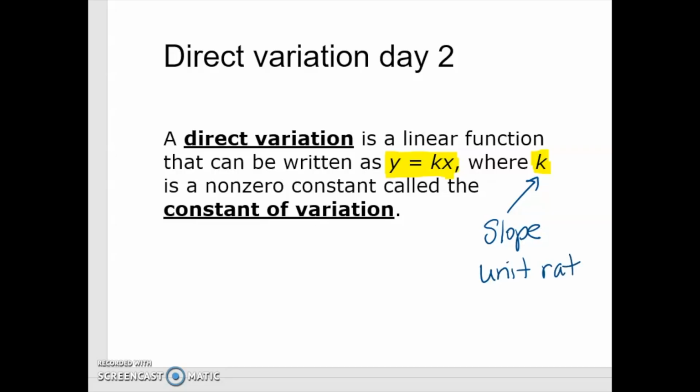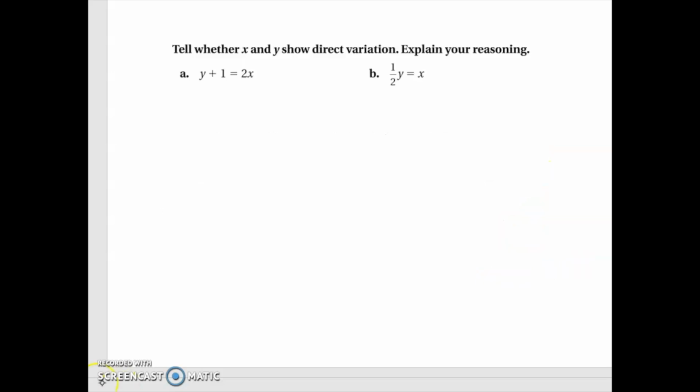So we're going to be looking at an equation, and we're going to be comparing it to the formula y equals kx. Okay, so we have a bunch of equations here. And again, we're going to be comparing these equations to the formula y equals kx.